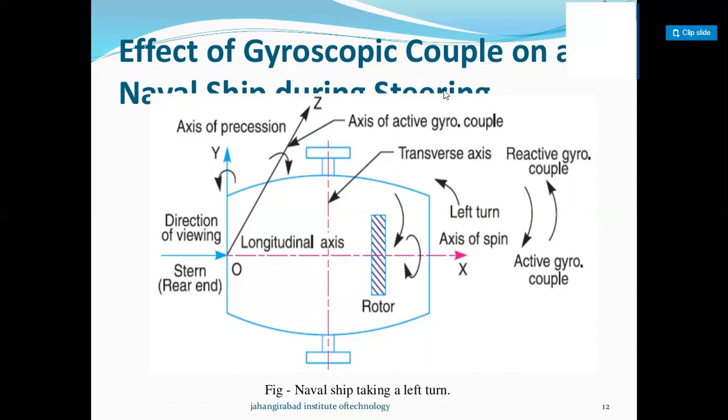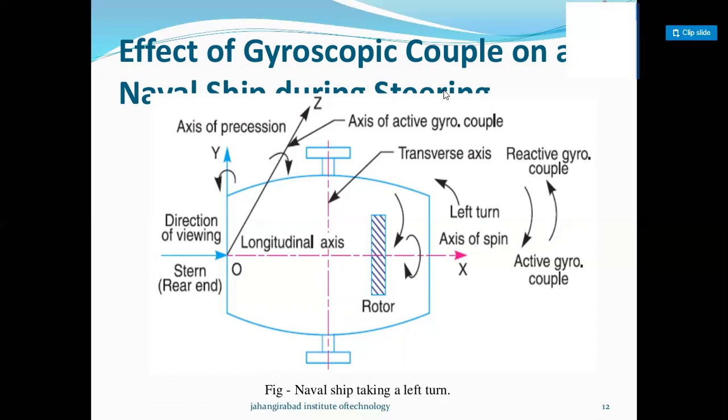Now the fourth condition: the ship takes a right turn with the rotor rotating in the anti-clockwise direction. The gyroscopic couple acting on the ship, according to the reaction couple, tends to raise the bow of the ship and dip the stern.